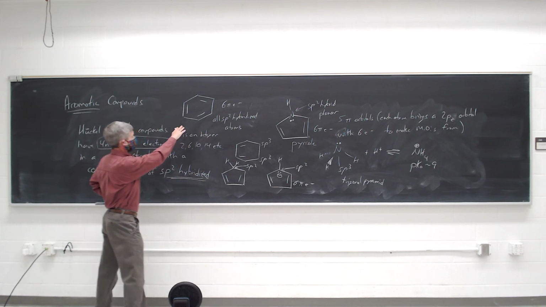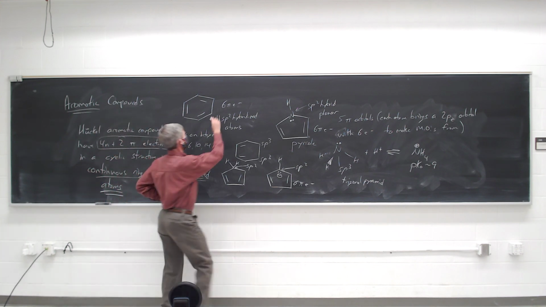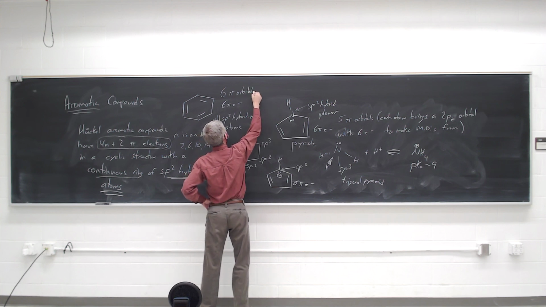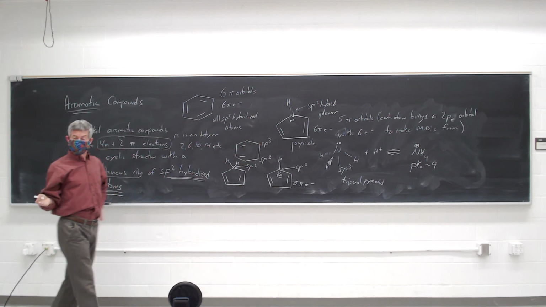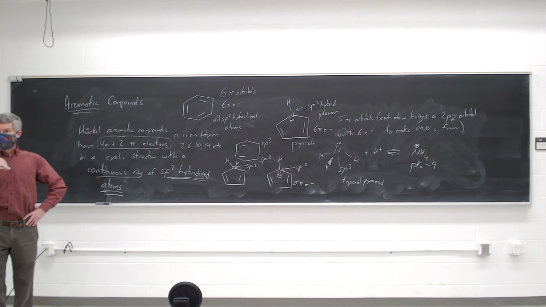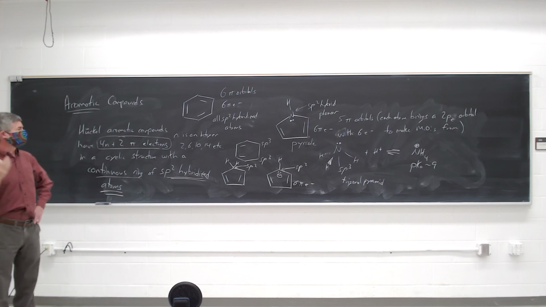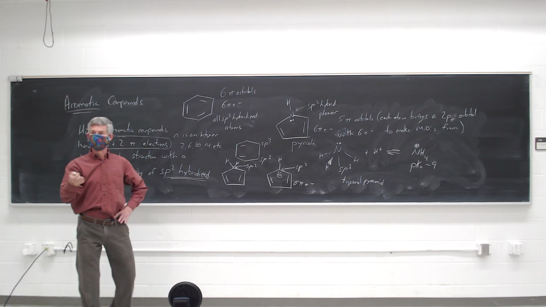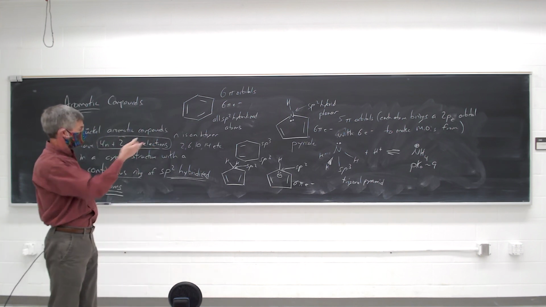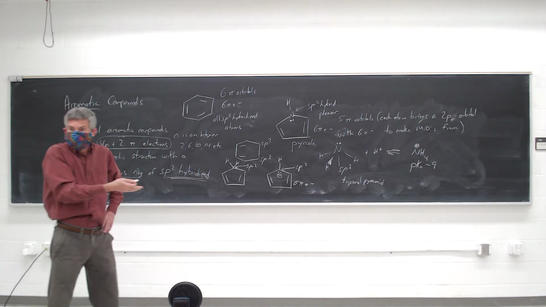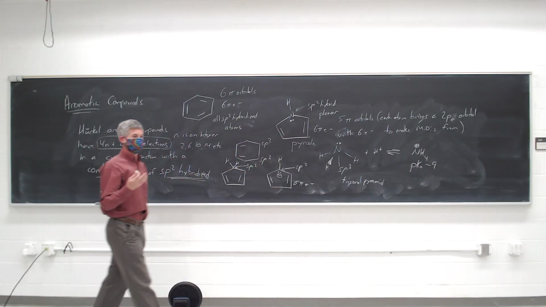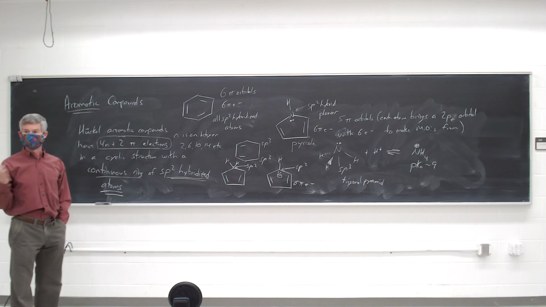Benzene will be a 6 pi orbital system as well as 6 pi electrons because there's 6 atoms. So the number of pi orbitals is controlled by the number of atoms in the ring, but the number of pi electrons can be the same as it is for benzene, but it can be independent because you might have a lone pair, or you might have a cation. It might be nothing on there, in which case you have a 4 pi electron system.